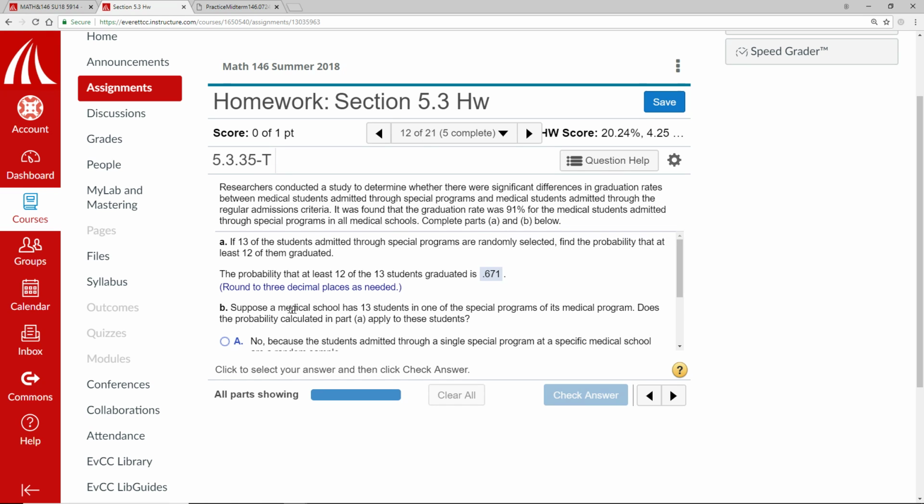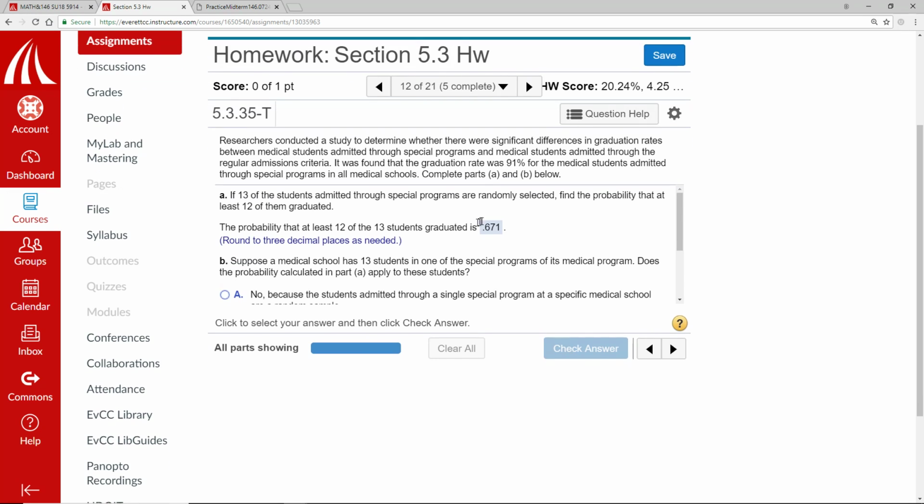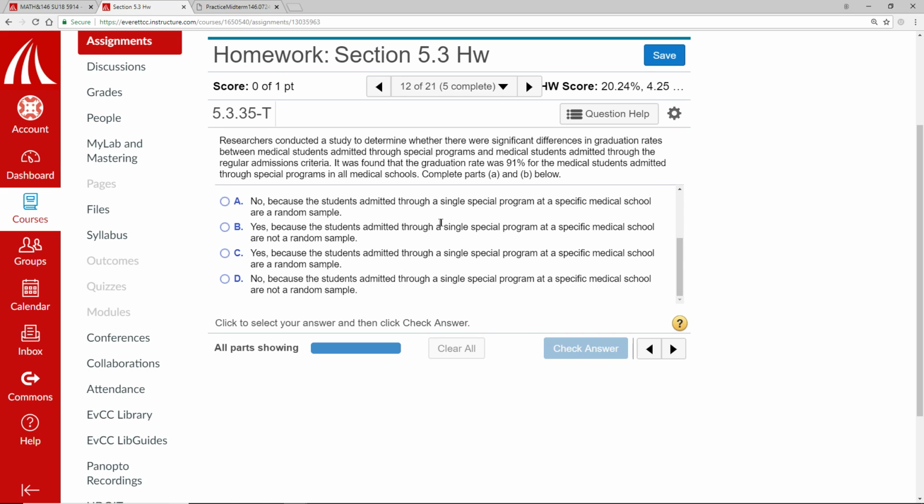It specifically said that the graduation rates between medical students admitted through special programs and medical students admitted through regular admissions was found to be this. So it seems to me that this study was conducted on all of the different programs. So I would say yes. All right.